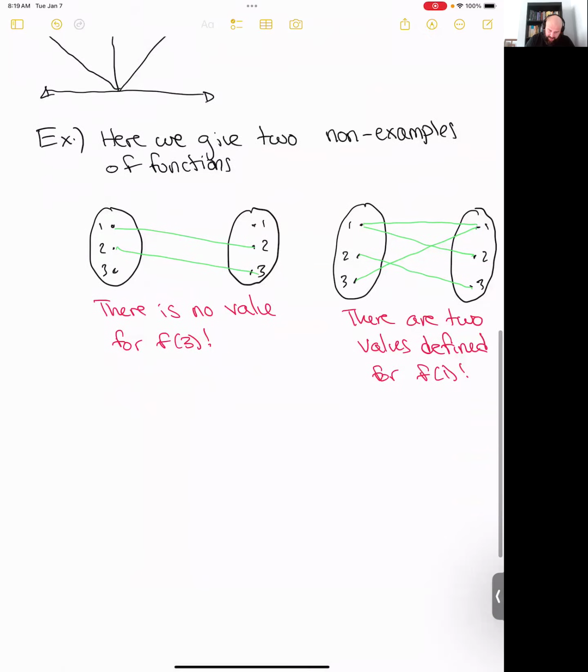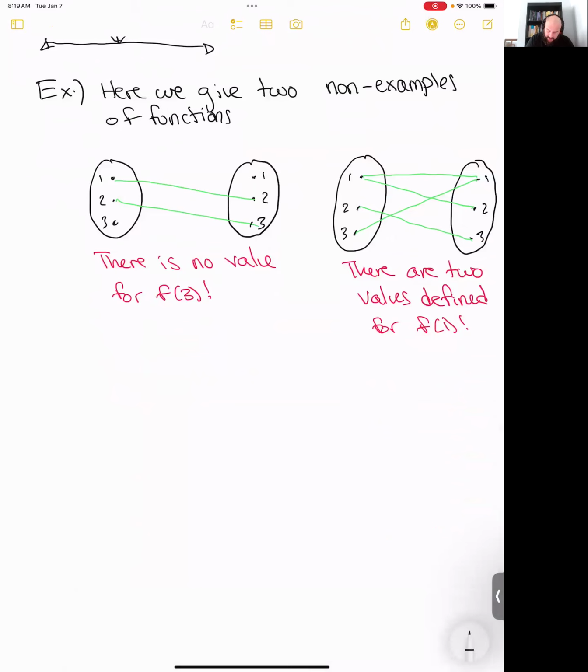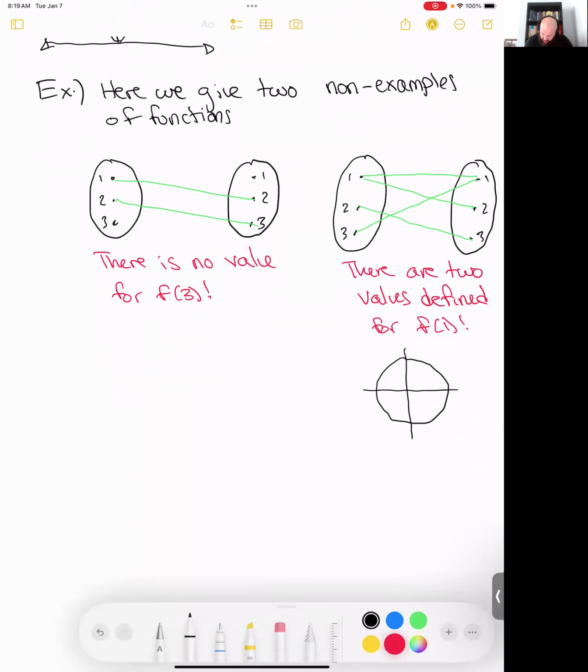All right. And the second example that I did is actually related to something you've seen before at some point in your math career, where if you graph a circle in the XY plane, there's something you've probably heard of before called the vertical line test, where if you have a graph and you look at the vertical line and it crosses it twice, then it's not a function, right?